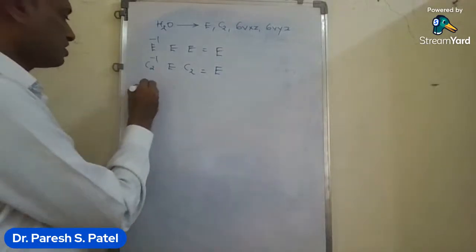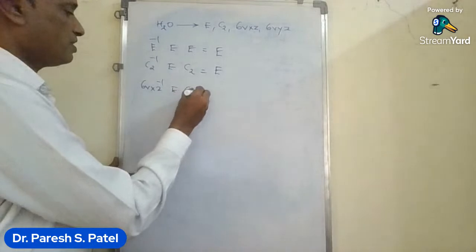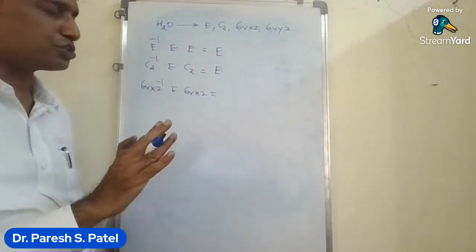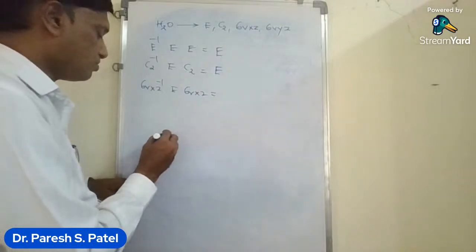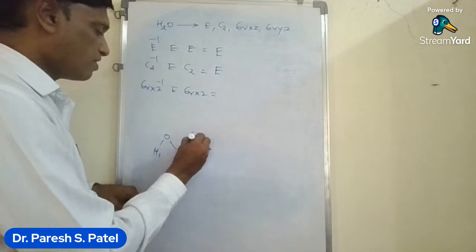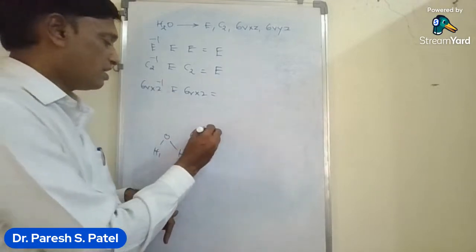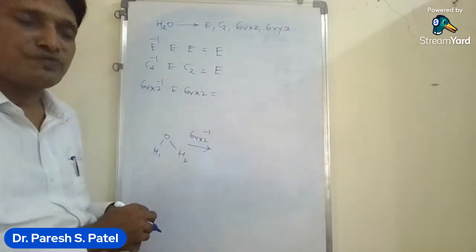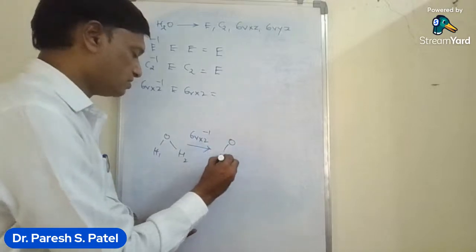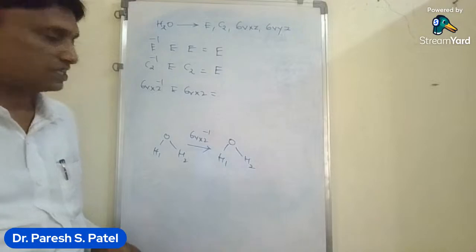Similarly, if you go for sigma Vxz inverse, E, sigma Vxz. If you operate sigma xz, there is no change in the position of the hydrogens in the case of the water molecule. So H1, H2, sigma Vxz: there is no change, and the same for sigma Vxz inverse.